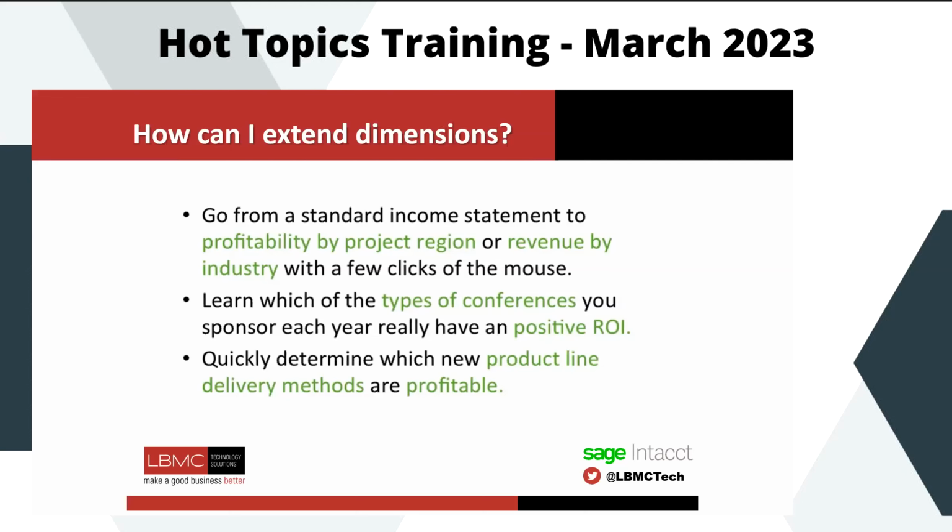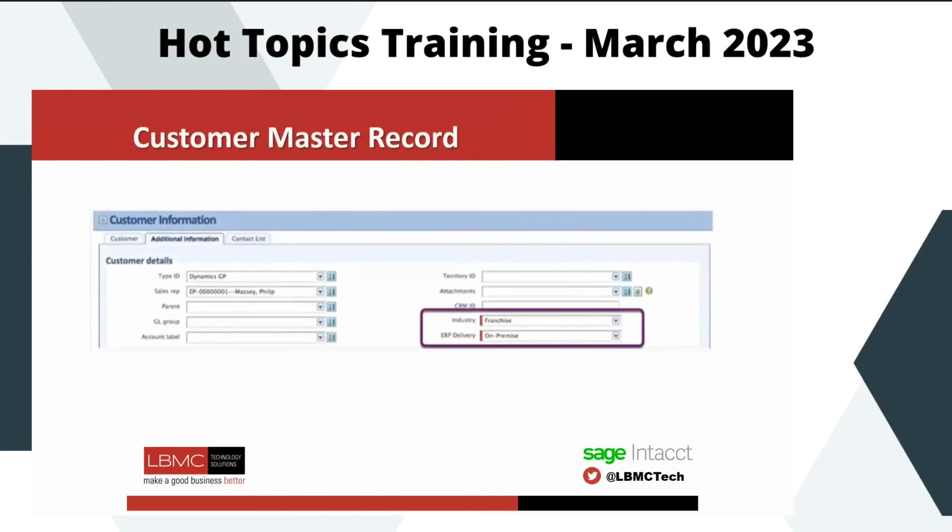Hopefully that is positive. Also, if you have, as an example, a certain product line, you can set it up where you can have that product line be any type of delivery method or any type of ERP system, just so you can gauge the profitability of that ERP line. And you can set that up in any field that you would like. As an example, we set up different product lines in the customer information.